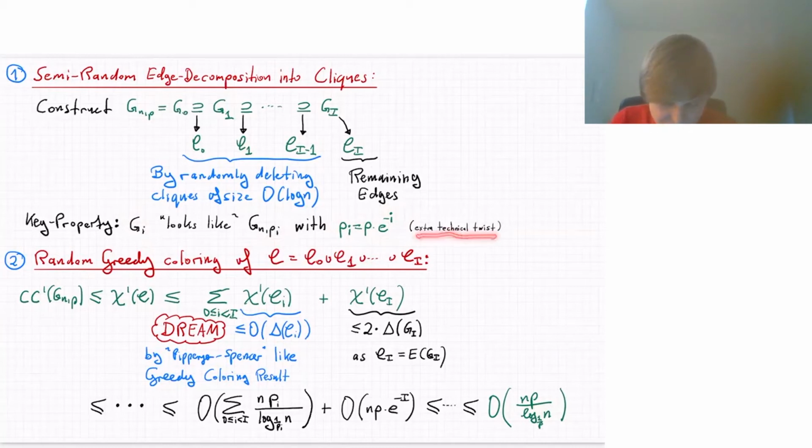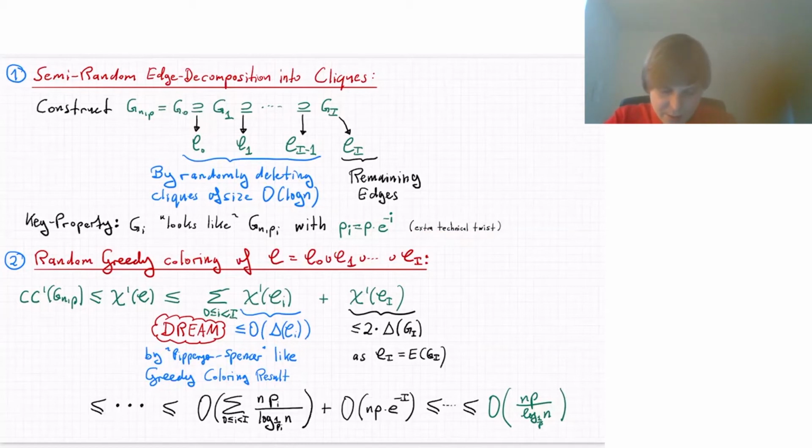It's not enough to just delete cliques, or rather, I don't know how to prove this just by deleting cliques. Each time, we remove some extra edges from the graph, which intuitively balances out certain random variations that otherwise would happen. But this is a technical point, and I don't want to go too much into detail here.